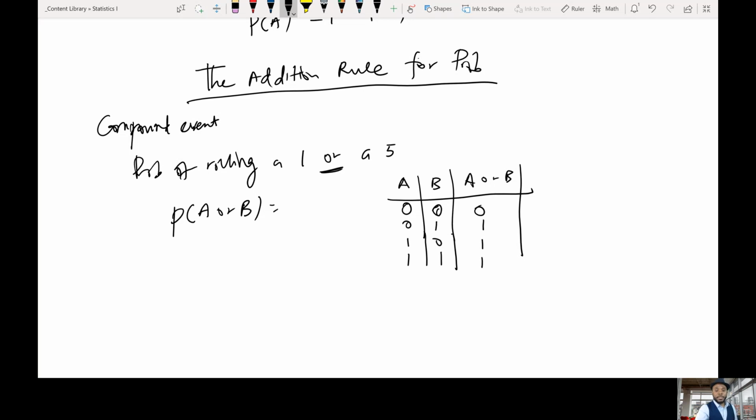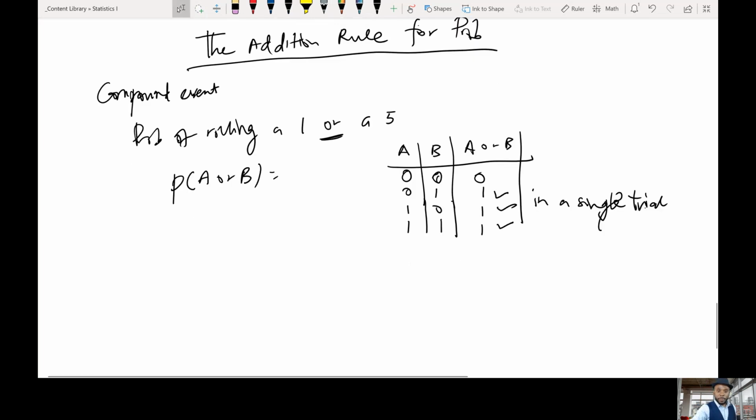That's why we said that the probability of A or B is the probability of A occurring, or B occurring, or both A and B occurring, in a single trial. That's the definition of the probability of A or B.